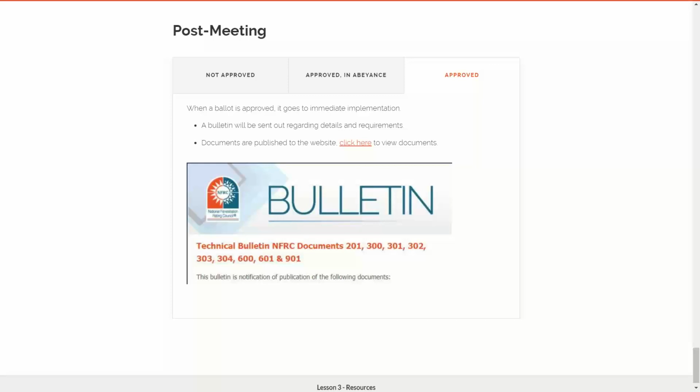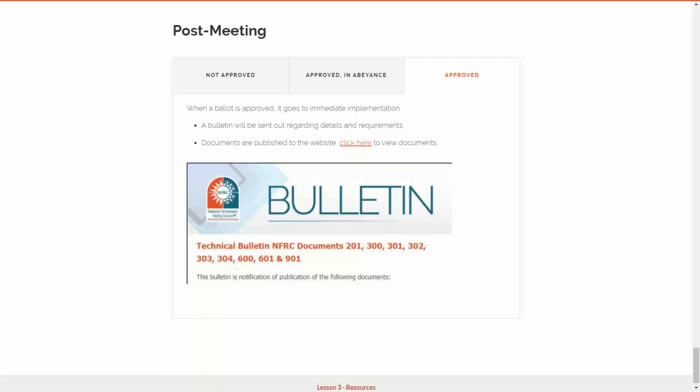You will receive an email that looks familiar to the one here on the screen and will contain links and all the program requirements associated with any of the documents that were approved and the ballots changing. The documents are also published on the appropriate webpage, whether this is a technical or program document. The link here will send you to the community's webpage where you can access all of our technical, program, or operation documents.